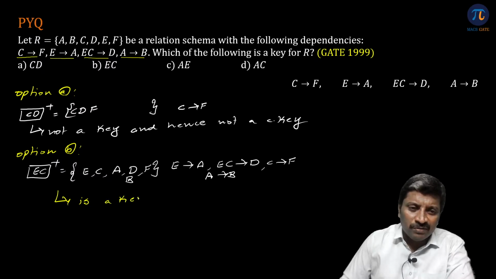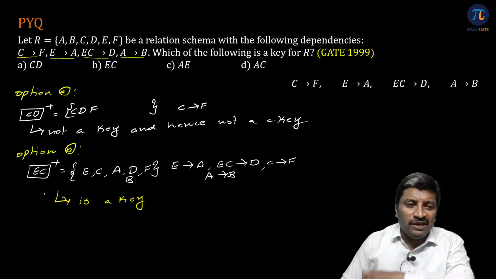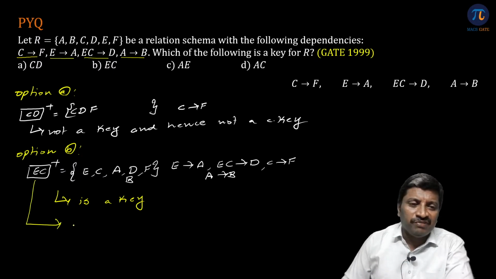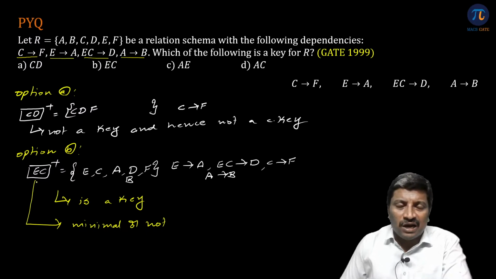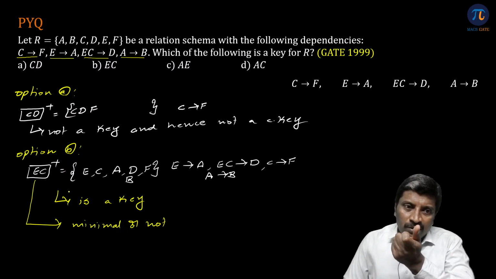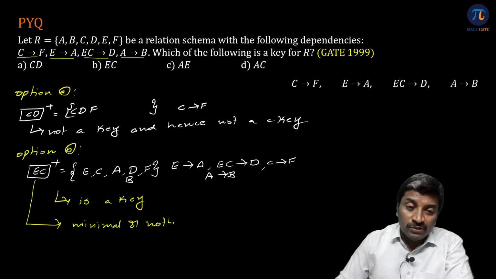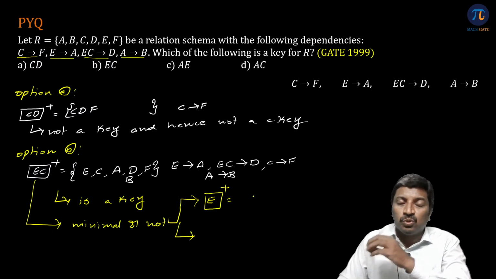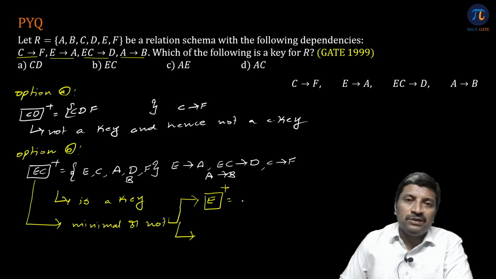Whenever it is a key, the second step we need to verify is whether it is minimal or not. Suppose in the option they had given only one attribute. Surely it will be minimal. But here they have given two attributes. So what do I need to do, sir? I need to consider those two attributes separately, whether you are able to do the job by E itself.